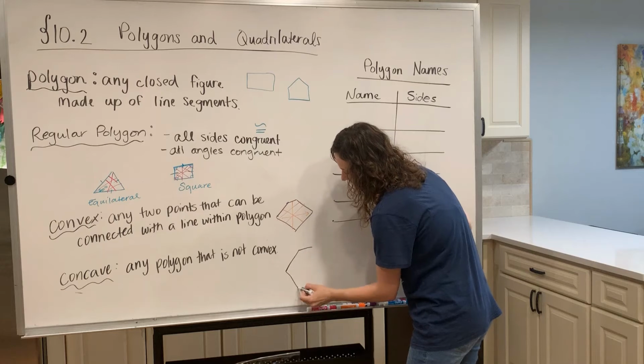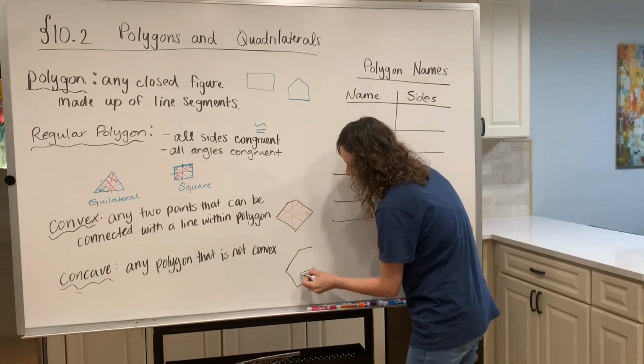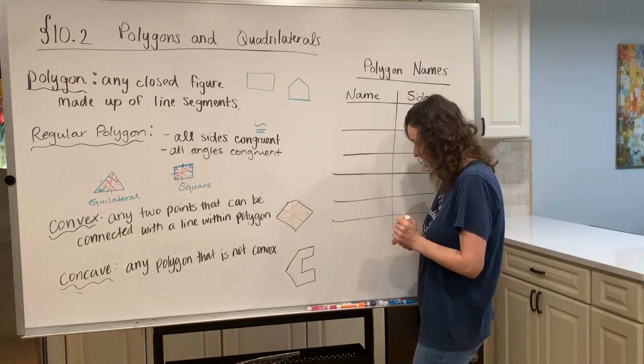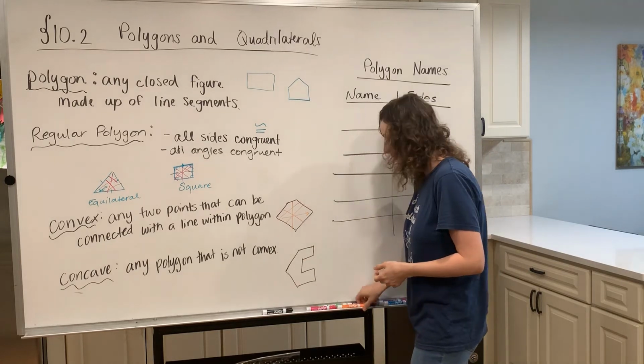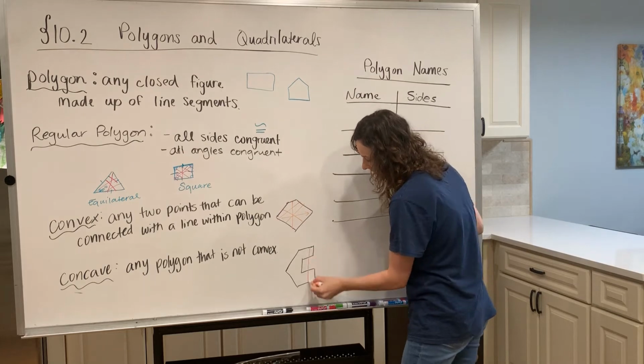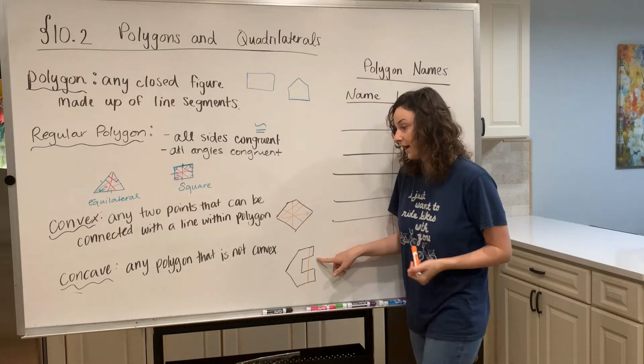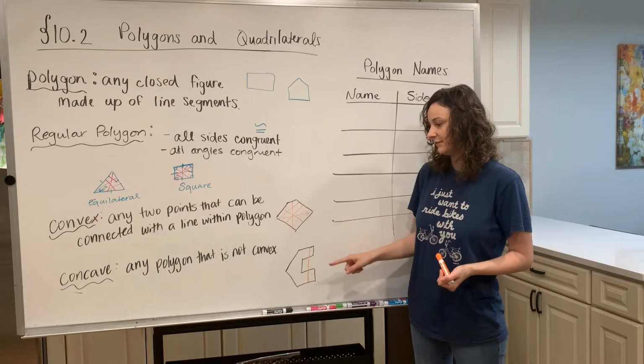So if I had a polygon, I'm making a bunch of straight lines here to make my shape. This is a polygon. It's a shape that's made up of all straight lines. But notice here, if I go from this side to this side, my line has gone outside of that polygon. Therefore, this shape here is concave.